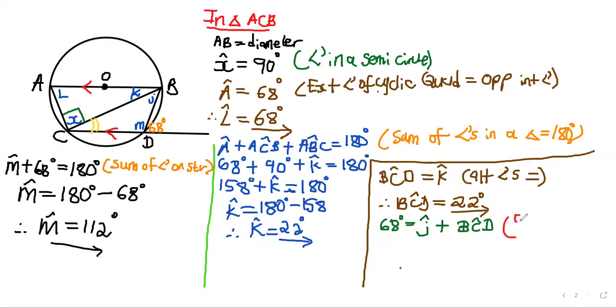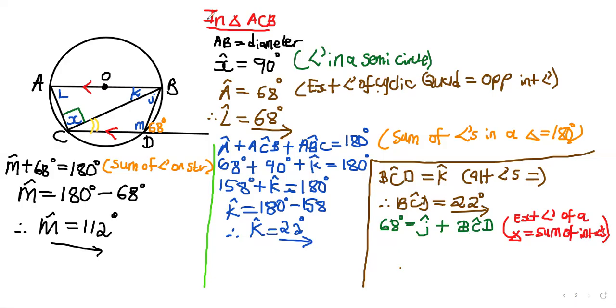So here you'll just say the exterior angle of a triangle is equal to the sum of interior opposite angles. Apologies for my handwriting, it's a bit ugly.